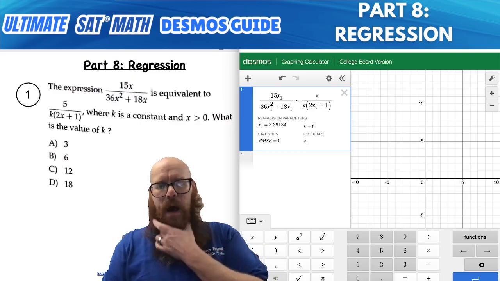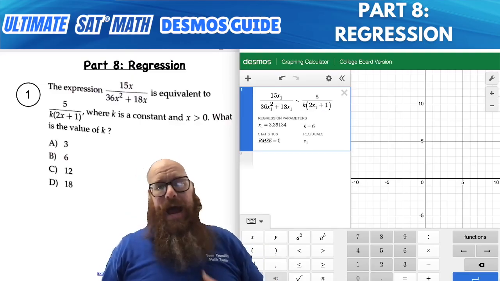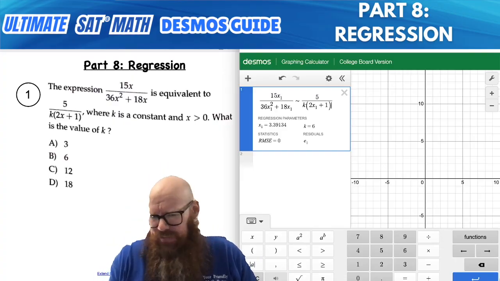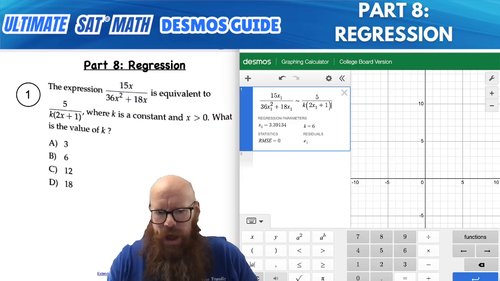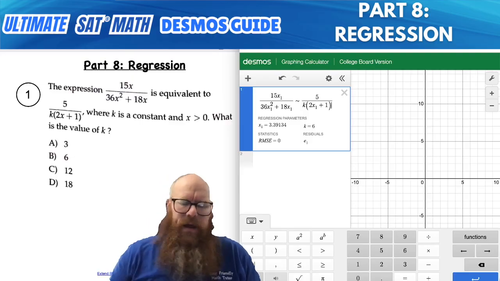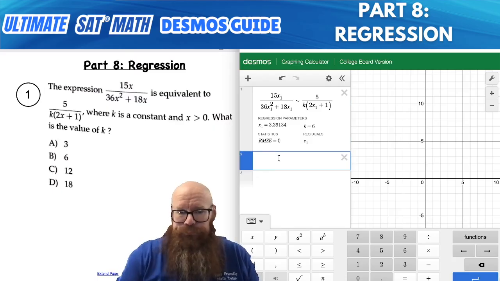All right, so now I have this equation, using these regression parameters. They're telling us what k is, but I believe it's wrong the way it's set up. Or no, actually maybe it's not. Here, let me explain that.